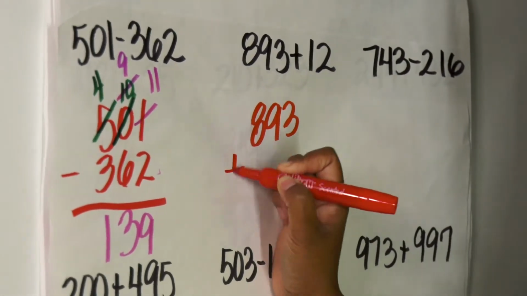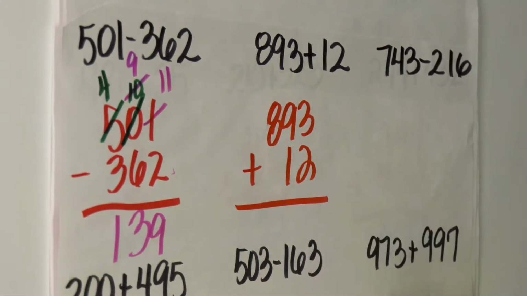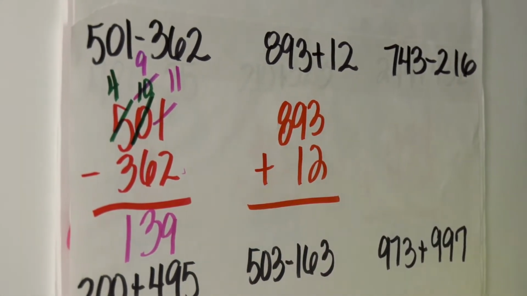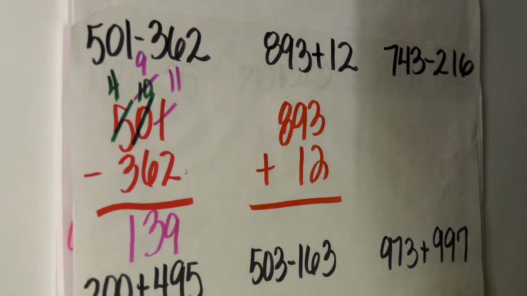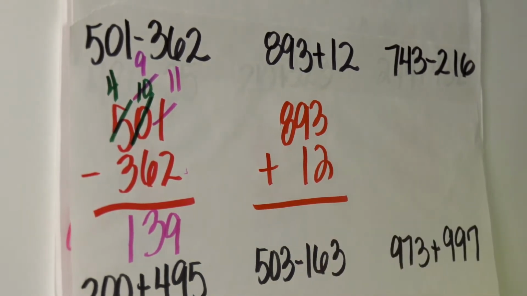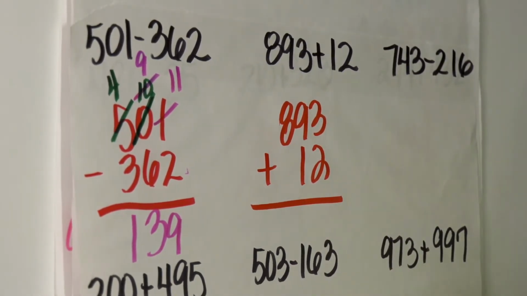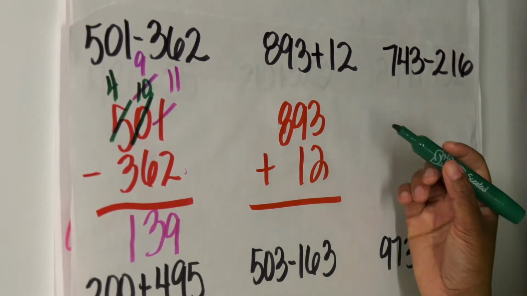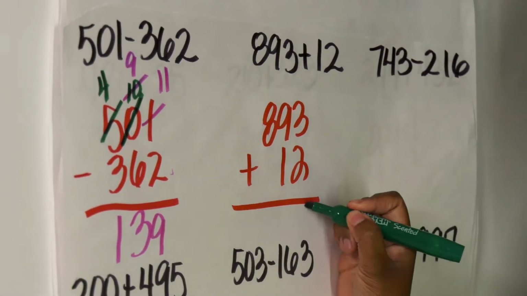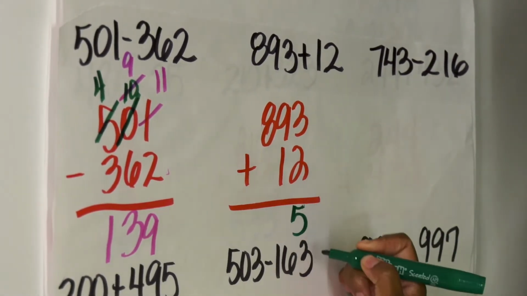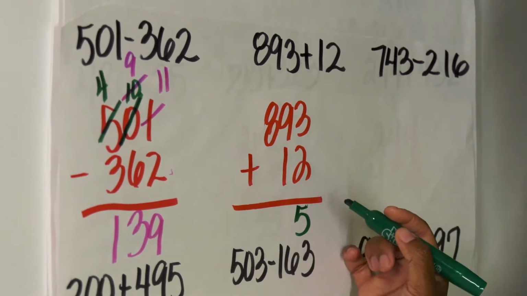All right, next, 893 plus 12. Don't forget to line up your place values. So we have 3 plus 2. When we're adding, there's no need for us to see if we can borrow. We don't do that in addition. 3 plus 2 is 5. 9 plus 1 is 10.